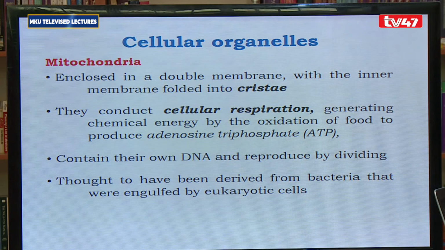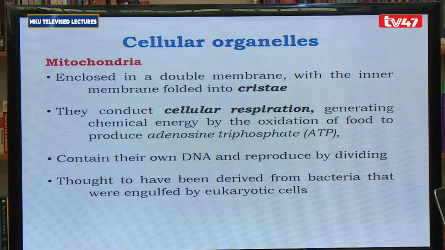So the folding would be to increase the size so that more action can happen within that particular membrane. On that membrane there are various proteins that participate in what we call cellular respiration, which is simply an energy transduction kind of reaction where, through the oxidation of food, energy can be transferred from food, which nourishes the cell, and stored in the form of chemical energy known as ATP.